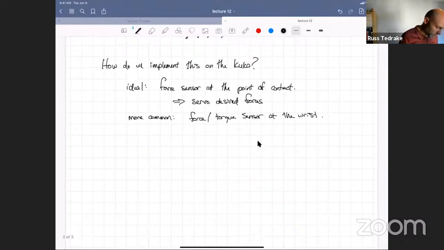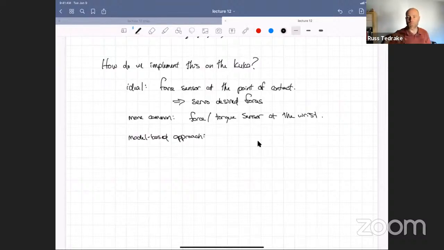Okay, or if you must, then you can have a complete model-based approach where you're just using the equations of motion and inferring from joint sensors, even accelerations potentially, you can estimate the forces that must be happening because of the relationship in the equations of motion, right?